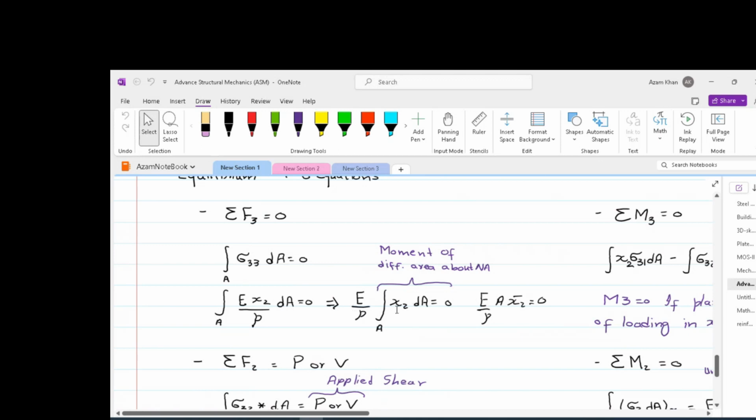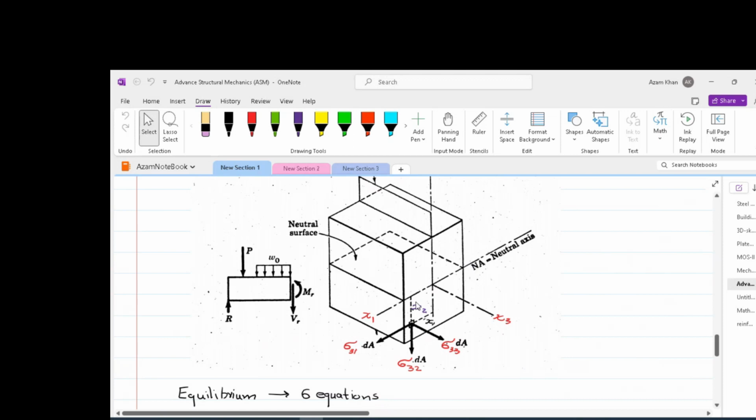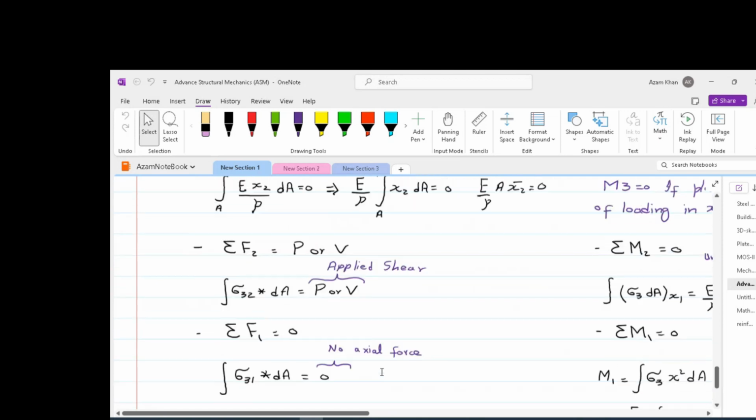Now we are left with x2 dA inside the integral. dA will stay inside the integral because it is an area dependent integral. x2 is the dimension along the cross section, so again, it contributes to the area. That's why it can't be brought out.